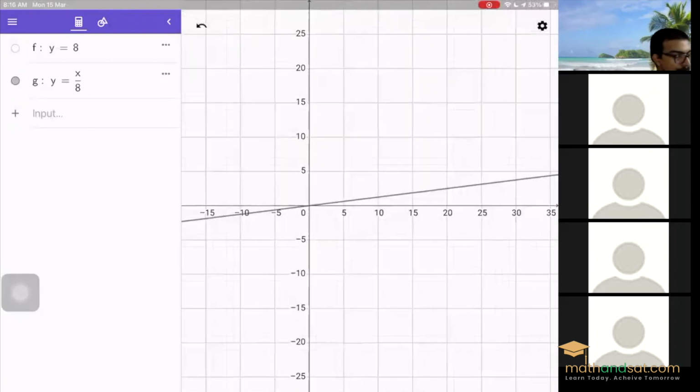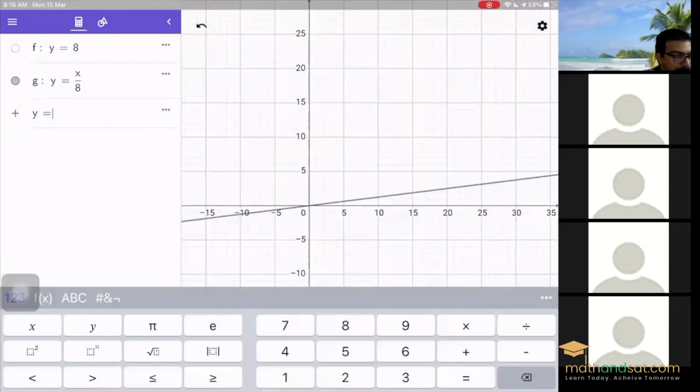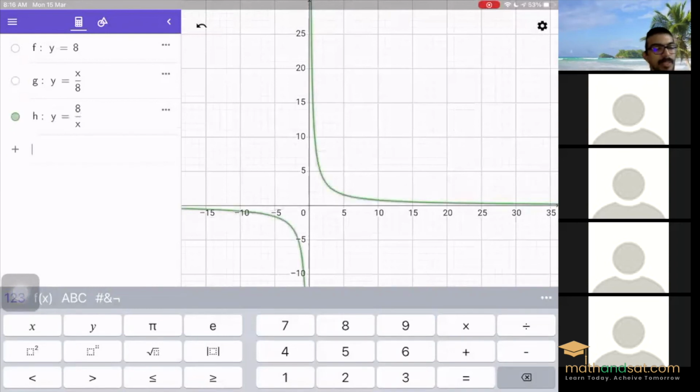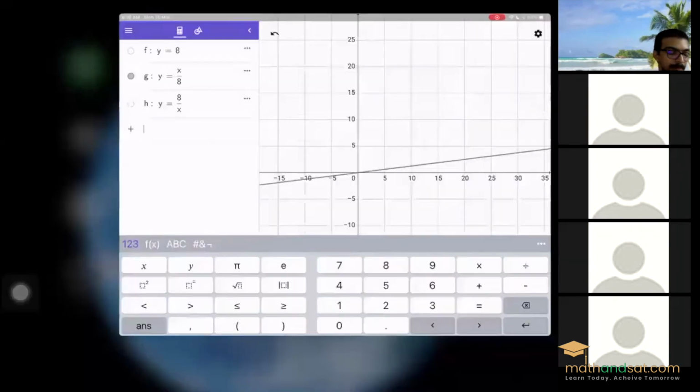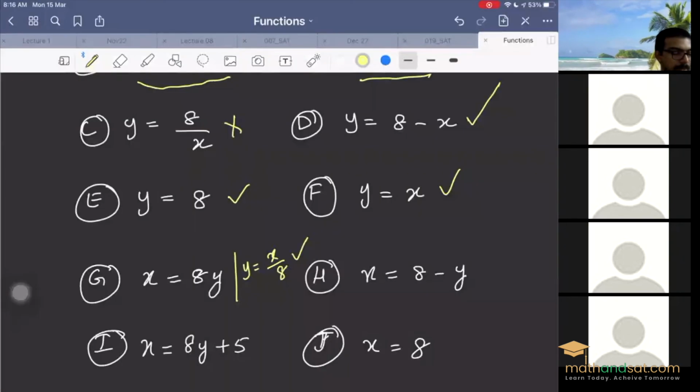But y is equal to 8 over x was different. That represents something else. But y is equal to x over 8 is going to represent a straight line. What about this?